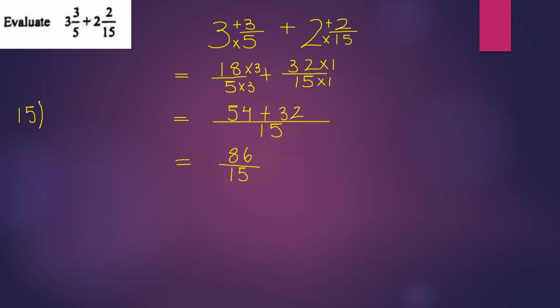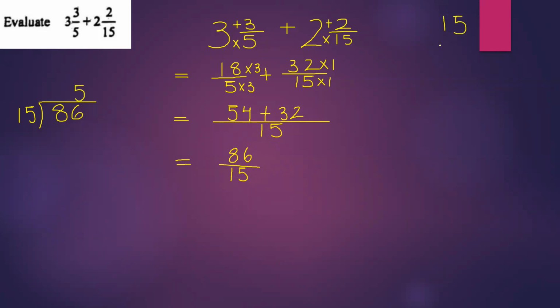To figure out how many times 15 goes into 86, wait till you do division. Let's try 15 times 5 and see what we get. That would give you 70.